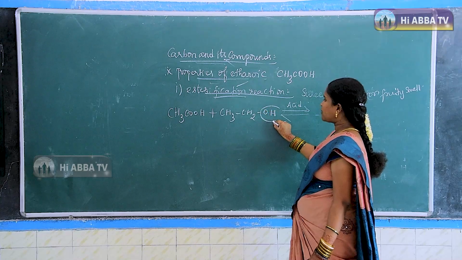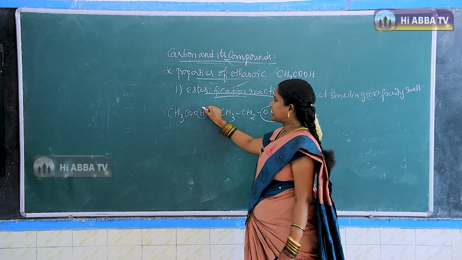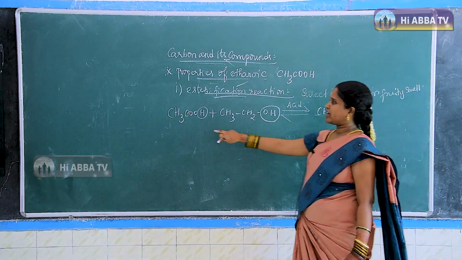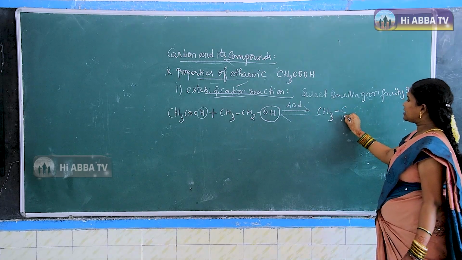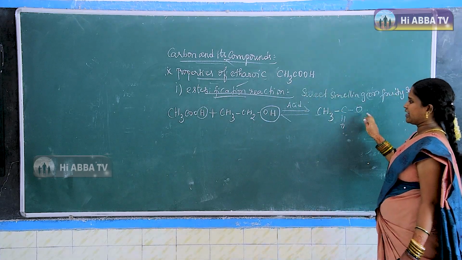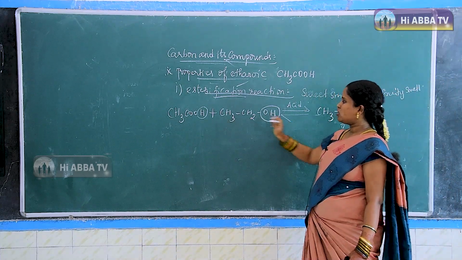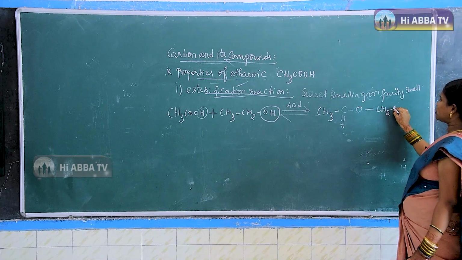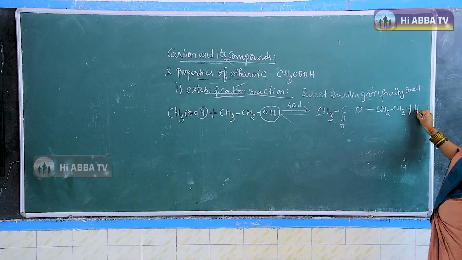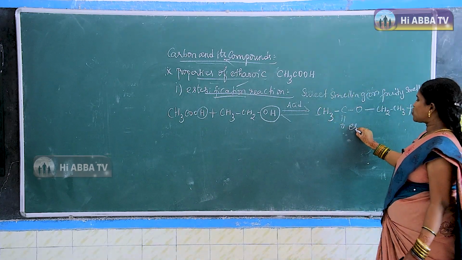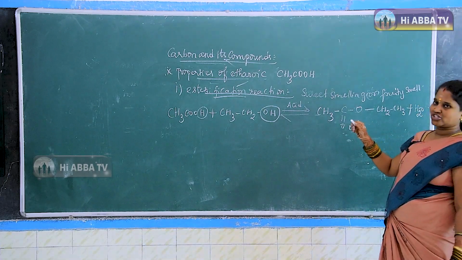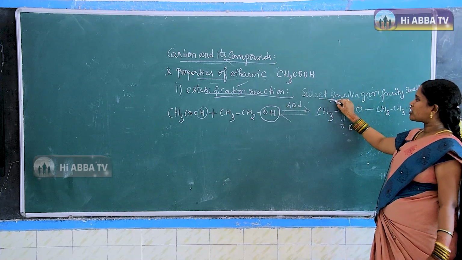I am going to remove water. The OH from here and the H from here I am going to remove, and I am going to write the formula CH3, it remains the same, and C double bond O, COO has been written, and CH2CH3, plus the remaining H and OH combine to form water, and it is termed as ester, and this reaction is termed as esterification reaction. And this esterification is an important 1-mark question.